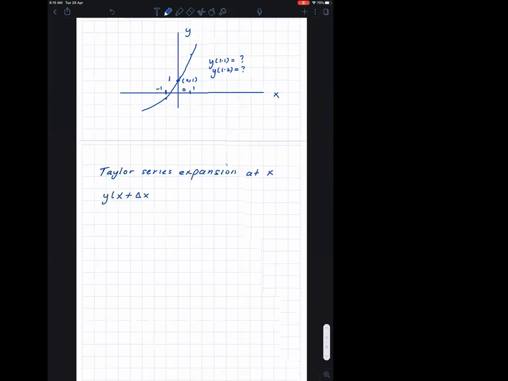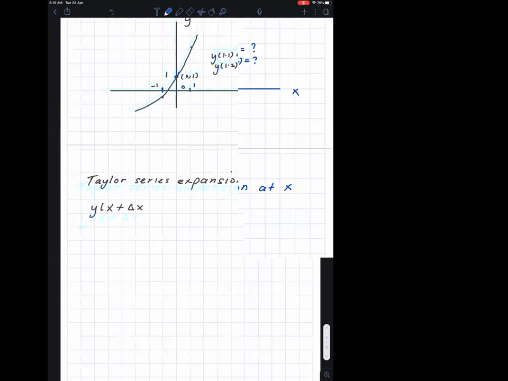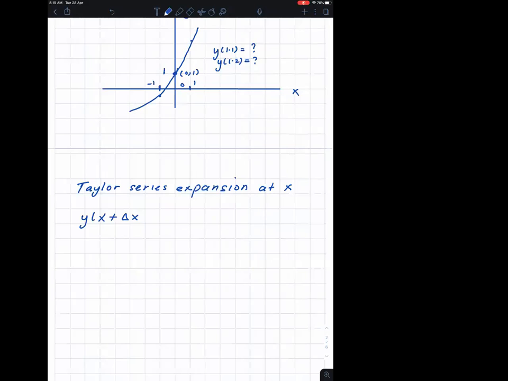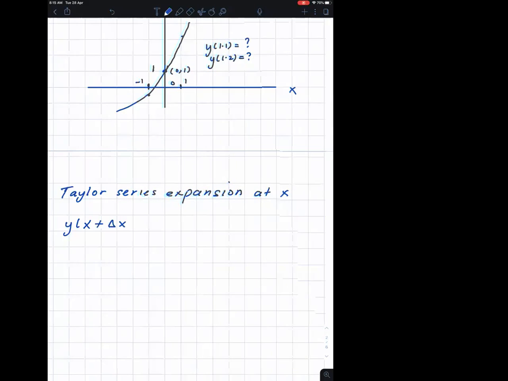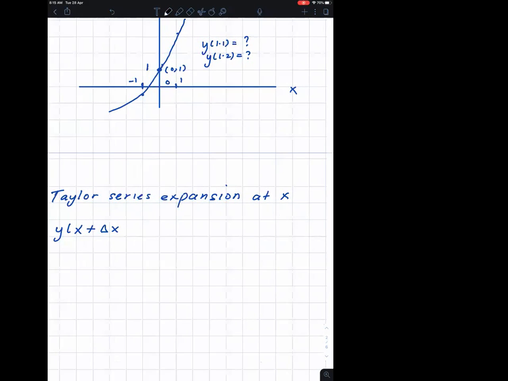Like in this example here, this is your x0, y0, which is 0, 1.